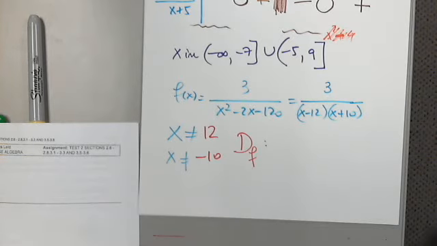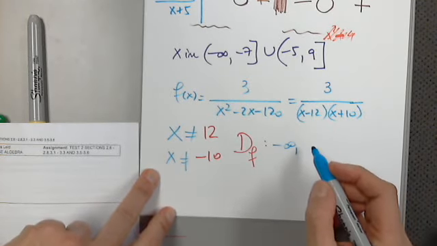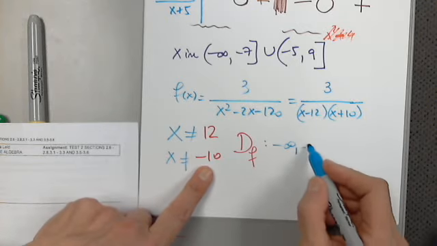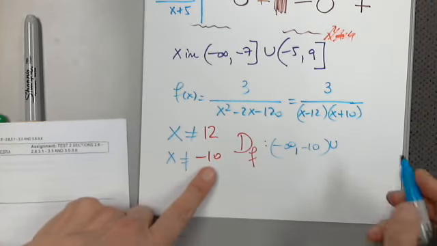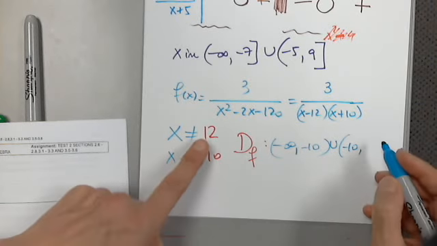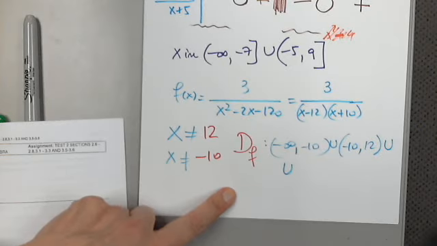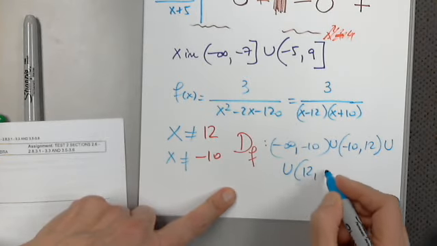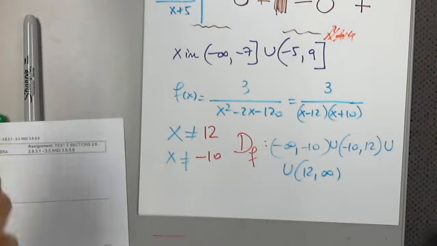So the domain of this function is negative infinity to negative 10, union, very good, union 12 to infinity. This is a different way of saying everything but negative 10 and 12.